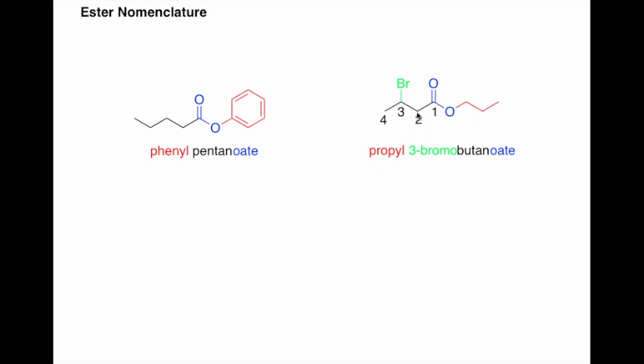The parent chain is 4 carbons in length, so a butane, where the E is dropped and oate takes its place. On this 4-carbon chain is a bromo substituent at position 3, and that portion of the name comes as a prefix directly before the parent name, not before the R' group.